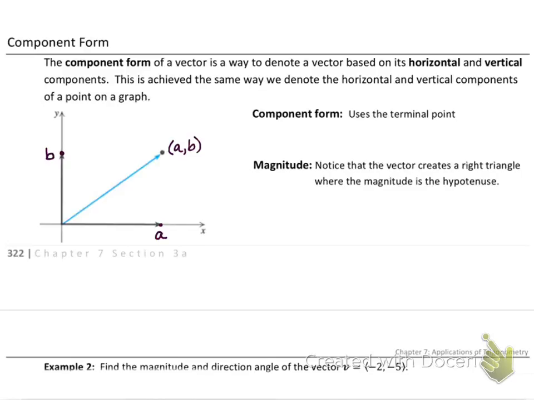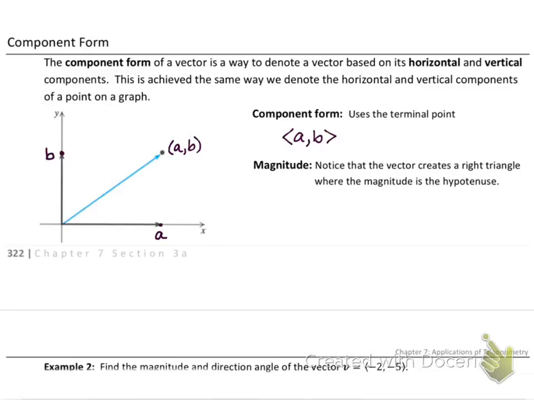Instead of parentheses, we're going to use slant brackets. So those little triangle brackets, we're going to do a, b, and that is now a vector and it's in component form. As soon as I put those angle brackets on there in a, b, I know to put a point here and draw a line. That's what that tells me to do. That is component form, and that's it. Okay, we're done with component form.